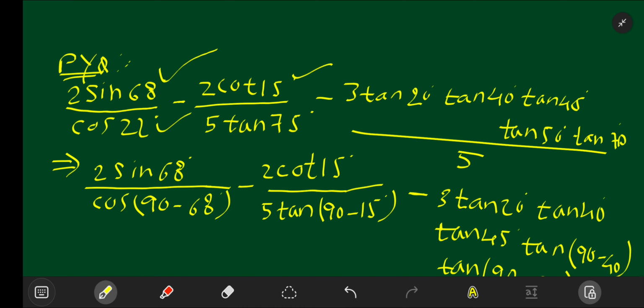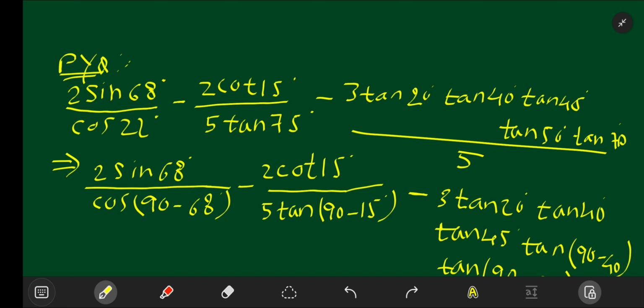Change any one, you will get the same answer. Sine 68 degrees can be written as sine of 90 minus 22 degrees. Here cot 15 degrees is written as cot of 90 minus 75 degrees. Then also this one gets cancelled. You will get the same answer.